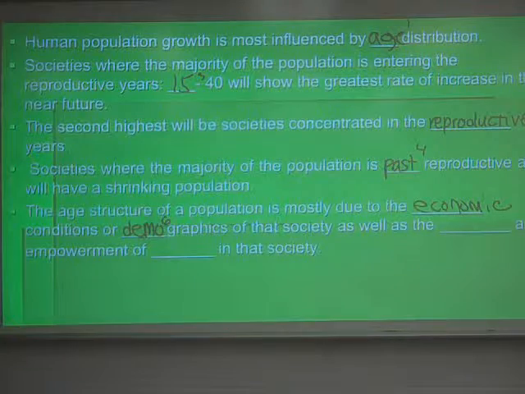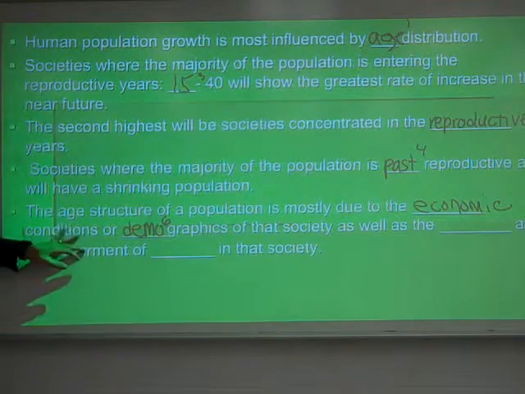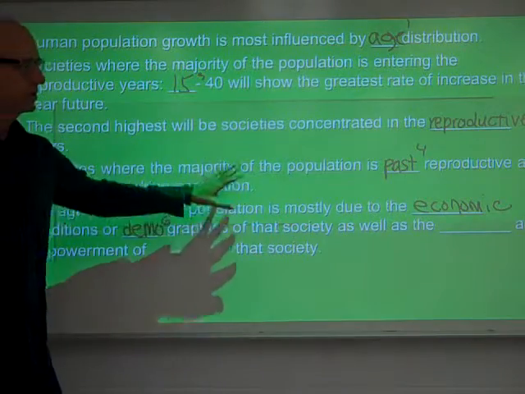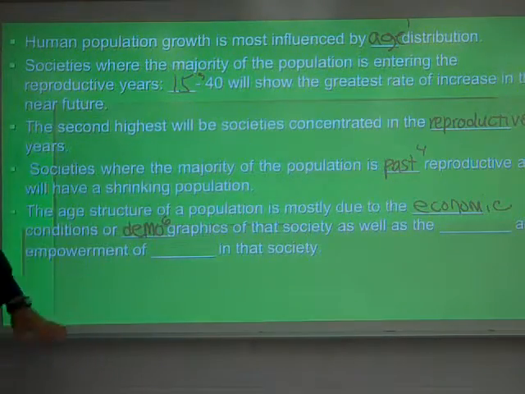Is it mostly agricultural, or industrial, or technical? There are a lot of different ways in which that works out, and it has a big influence on the demographics of the society. Once again, the economics, the age structure, all these different things come together to do that.